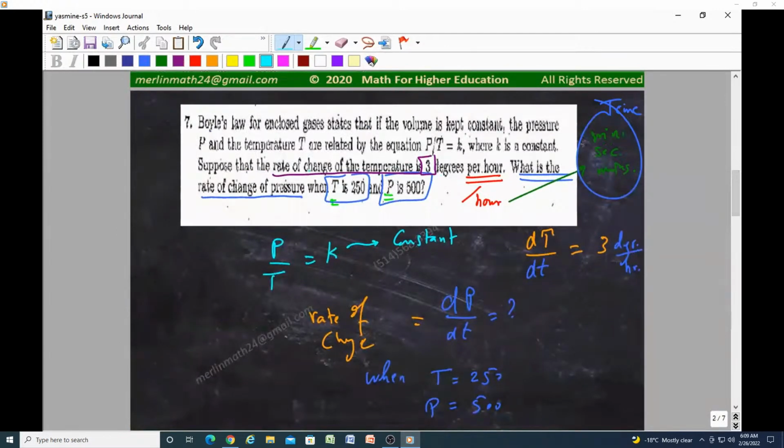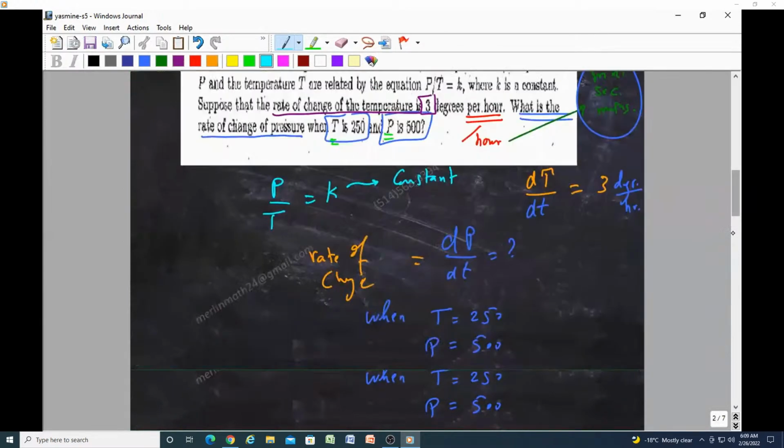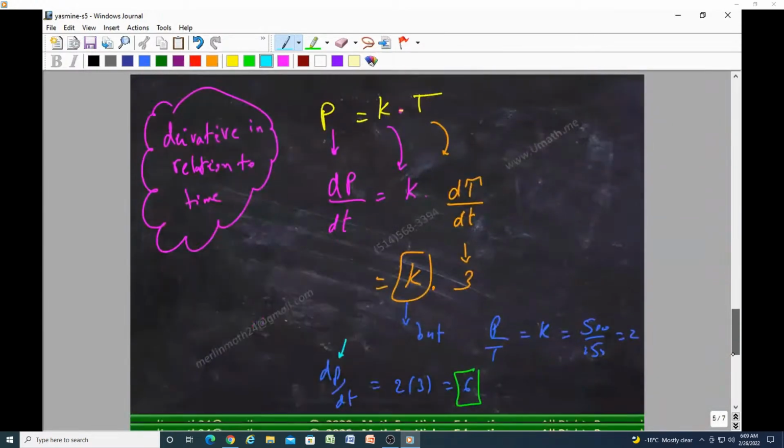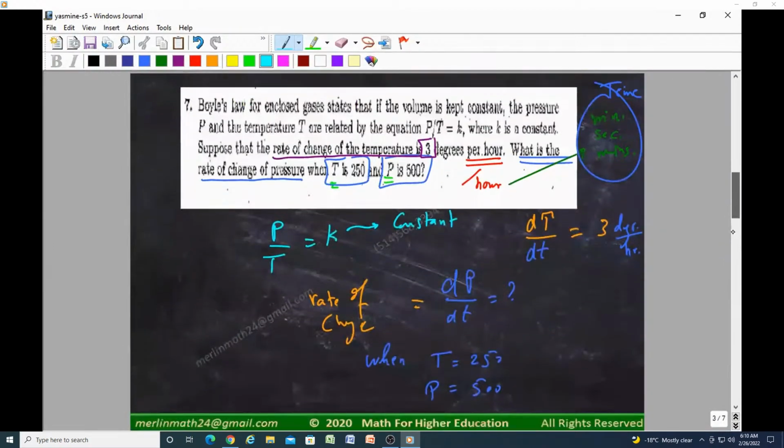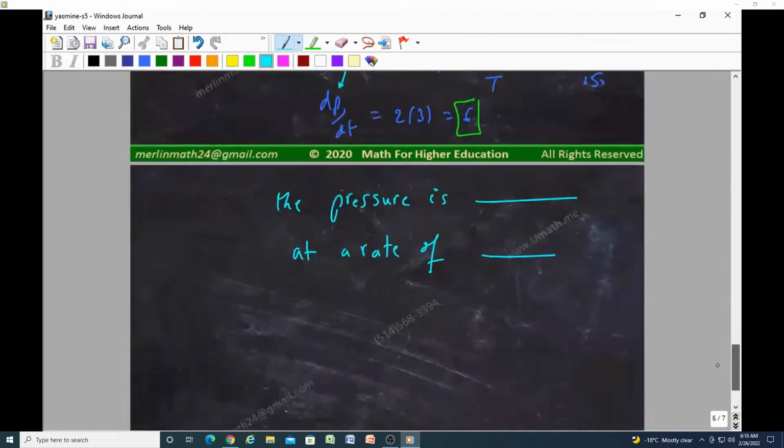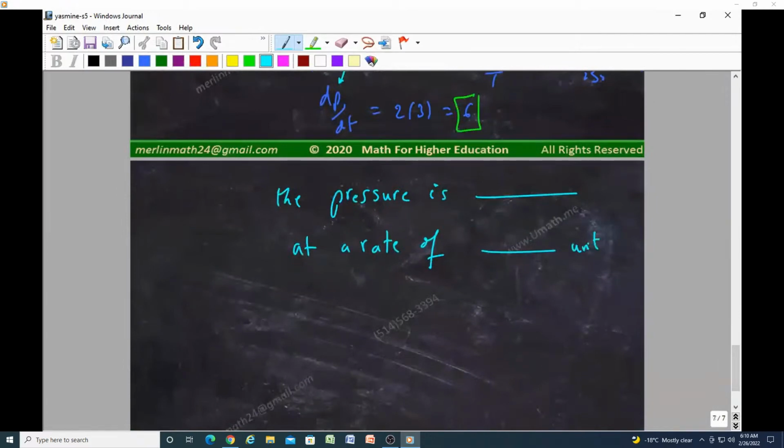This is degrees for temperature, but for the pressure, I don't see its unit somewhere. They didn't say a name, so you say units per, okay, per what? Per hour, because time here is in hours. Whenever a measurement is not given, you put units. Per, you can write it in words, or you can just put a slash, per hour, abbreviated, or you can write in hours.